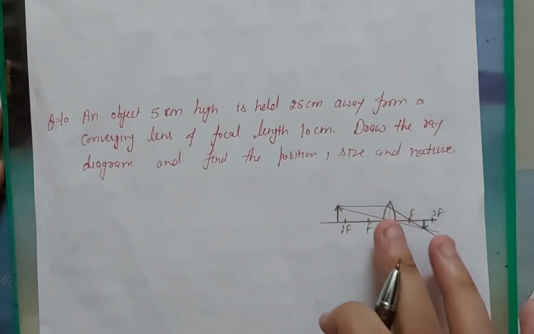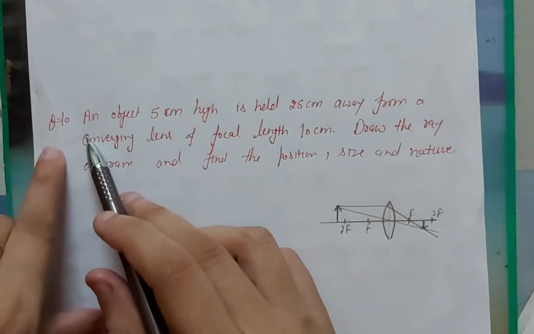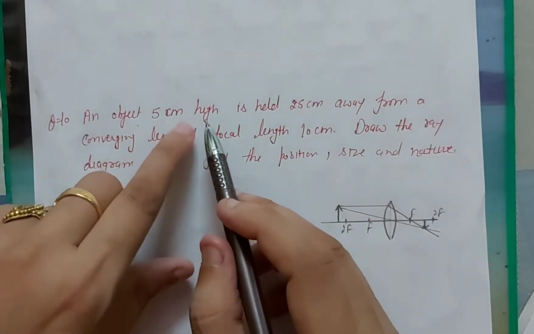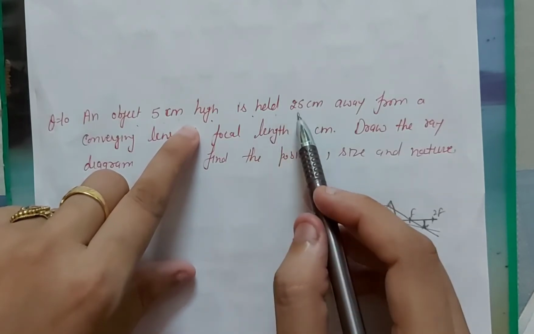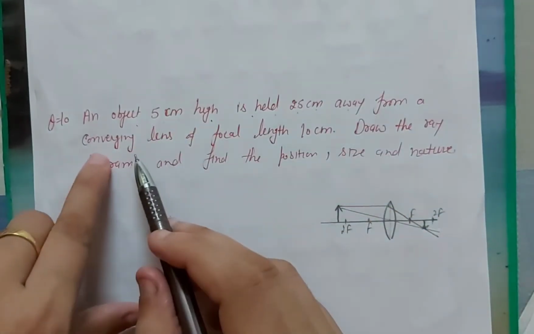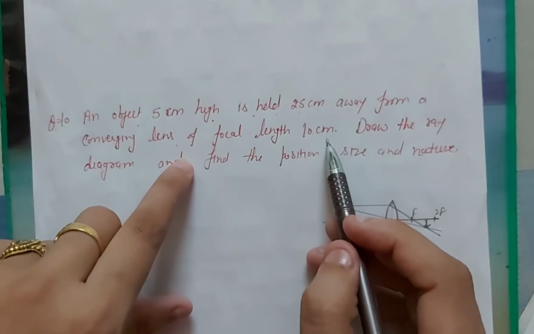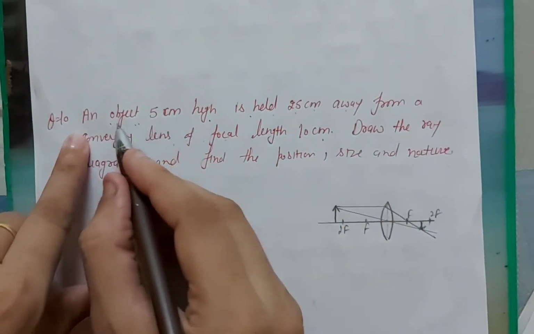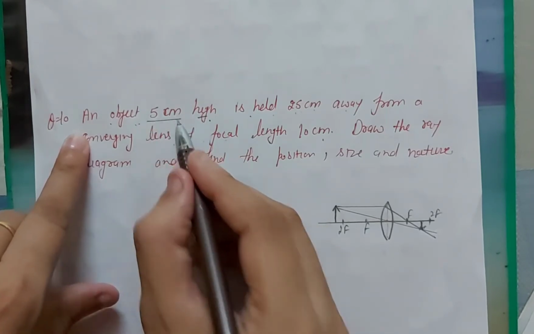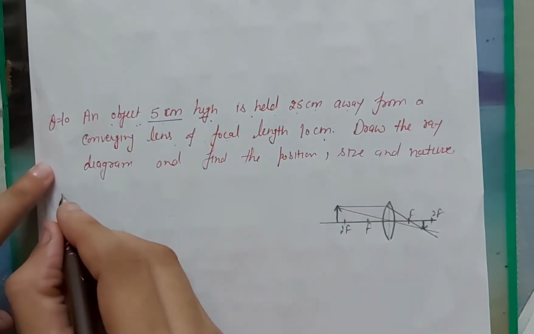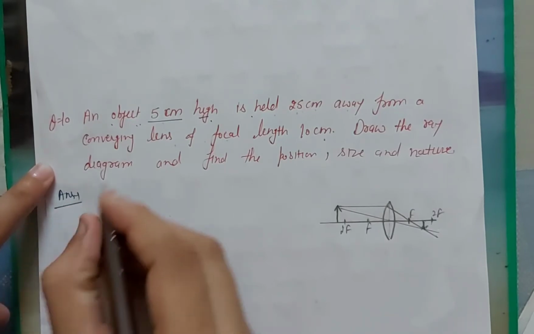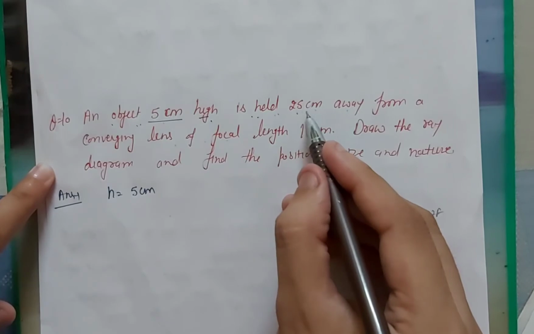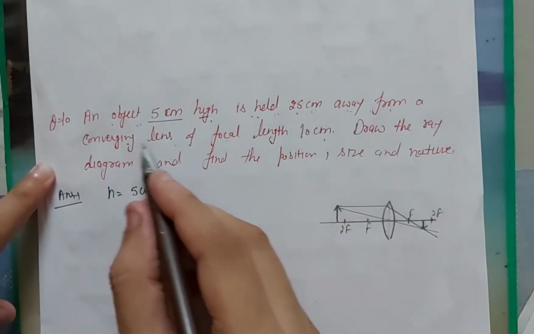Next is the 10th question. An object 5 cm high is held 25 cm away from a converging lens of focal length 10 cm. The height of the object is given as 5 cm, so we can write h is 5 cm, held 25 cm away from the converging lens.